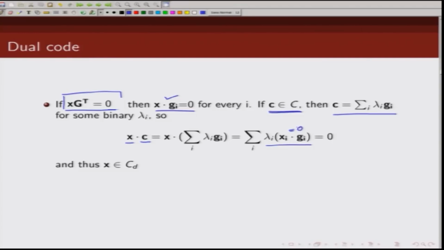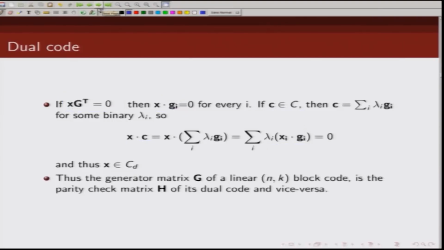Then what have I shown? I have shown that X dot C is equal to 0. That means X and C are orthogonal to each other. So, if C belongs to the original code, this capital C, then X must belong to the dual code of this code C. So, hence we have shown that X belongs to the dual code of C.